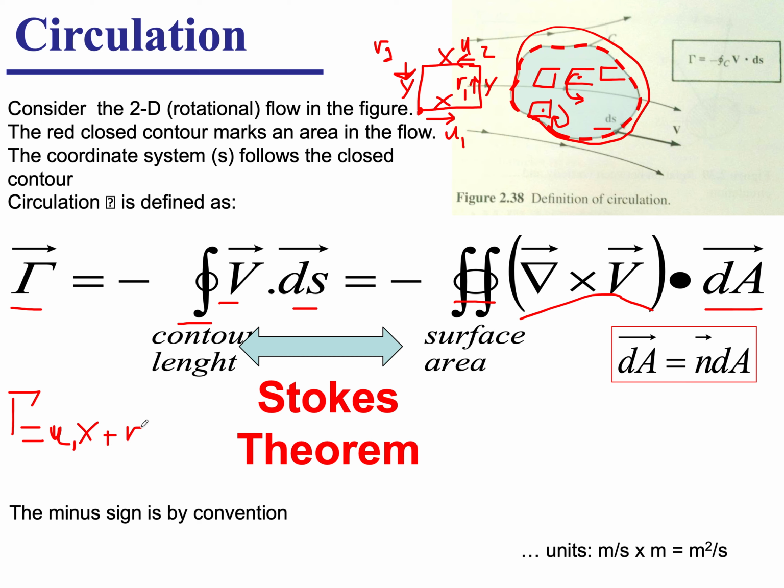I'm taking the velocities to be positive in the arrow direction, the u2, the v1, and the v2.